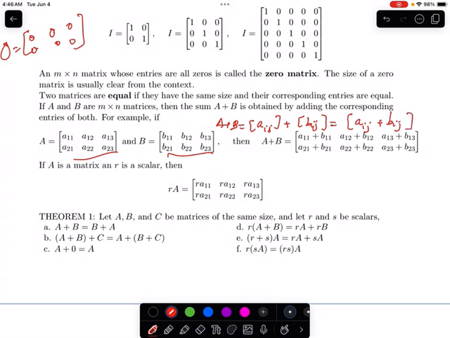Now note here that aij is a number and bij is a number, and numbers commute. Commute means if you have 2 plus 3, you can also write it as 3 plus 2. So inside here, I can switch the way they are written. So I can say this is the same as bij plus aij.